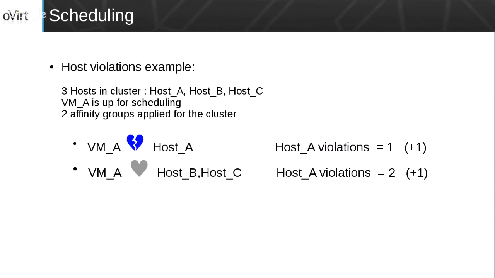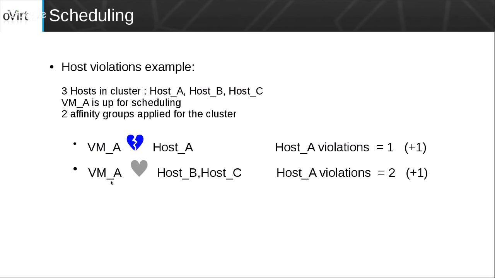We can see VM A with negative strong affinity to host A, and VM A with soft positive affinity to hosts B and C. So VM A, by having a negative affinity to host A, causes a violation for host A, because we want to run VM A, but host A cannot supply VM A to run on it. So the number of violations is up by 1.